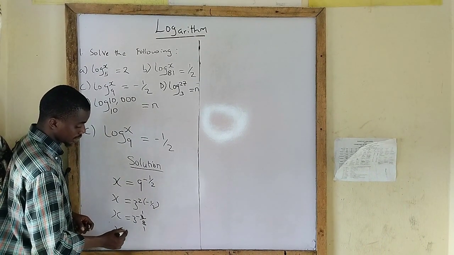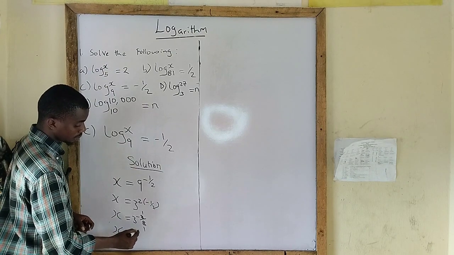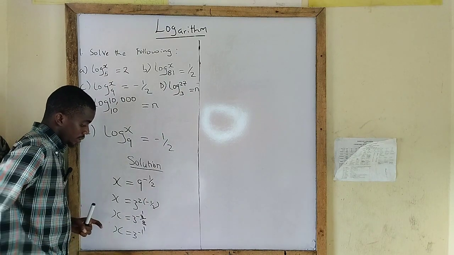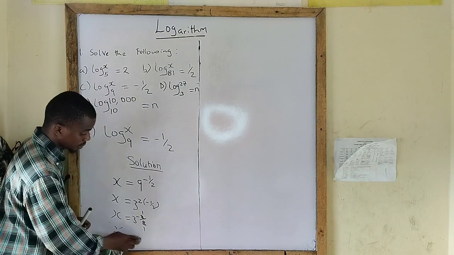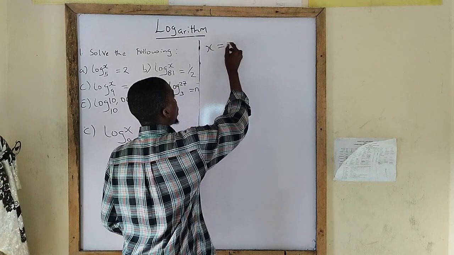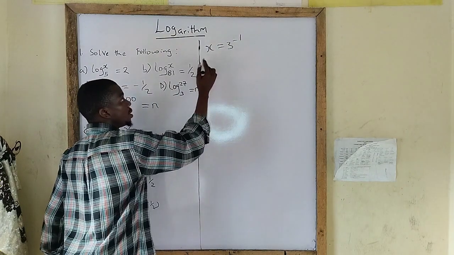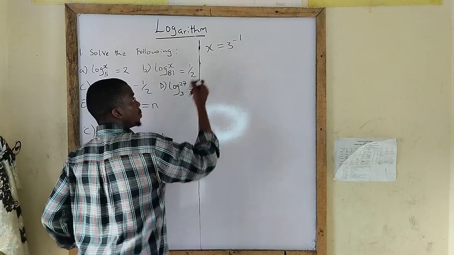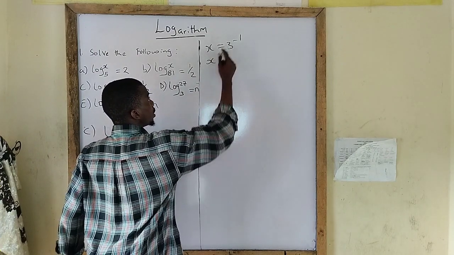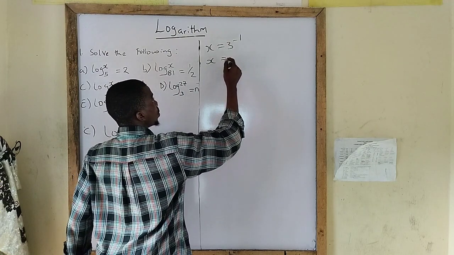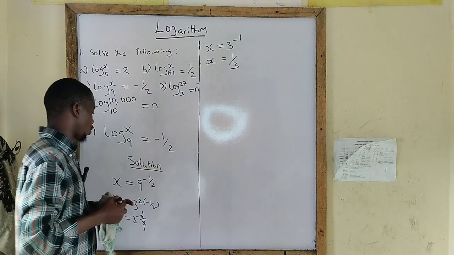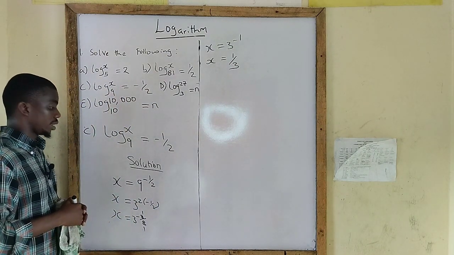So we have x is equal to 3 raised to the power of minus 1. In our indices, we know that 3 raised to the power of minus 1 can be written as 1 all over 3. All right, so x is equal to 1 all over 3.